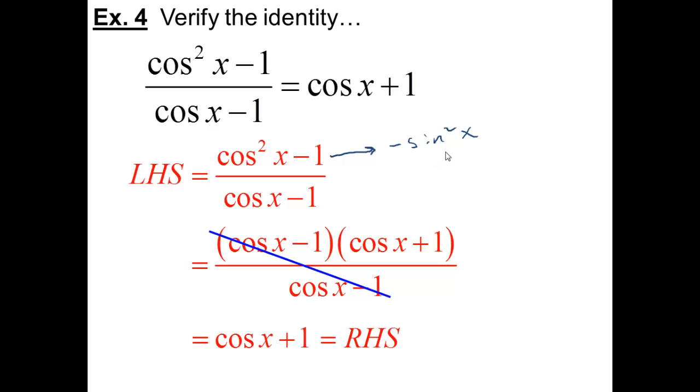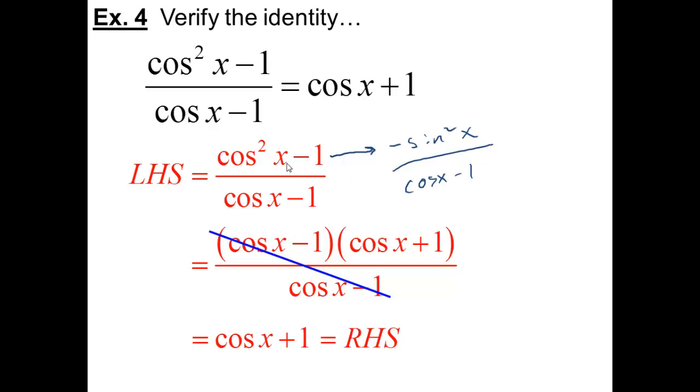Had you recognized the Pythagorean identity, cosine squared minus 1 is negative sine squared. So I would have had negative sine squared over cosine x minus 1, and then I would have realized that got me nowhere.